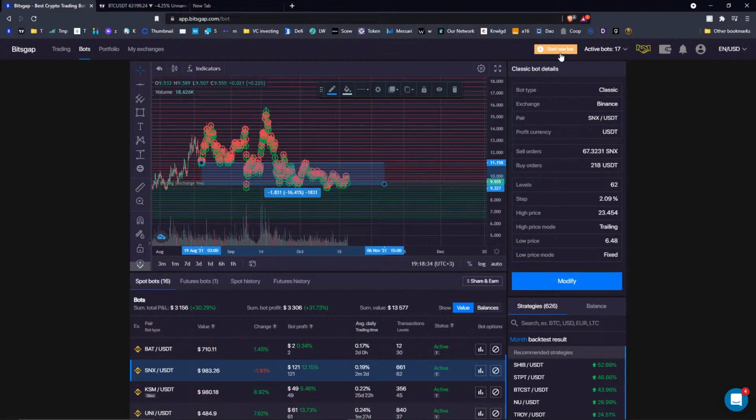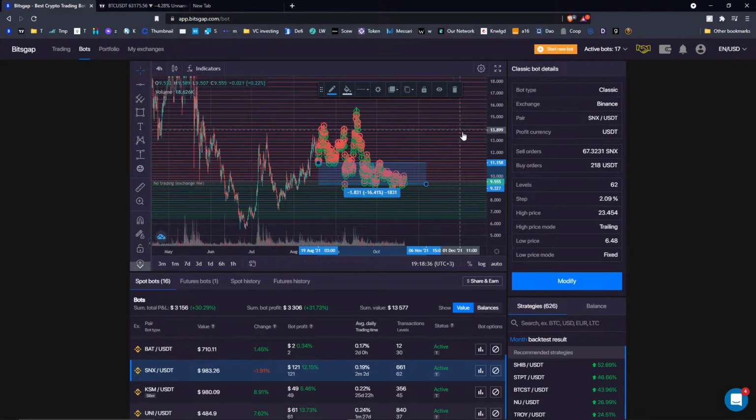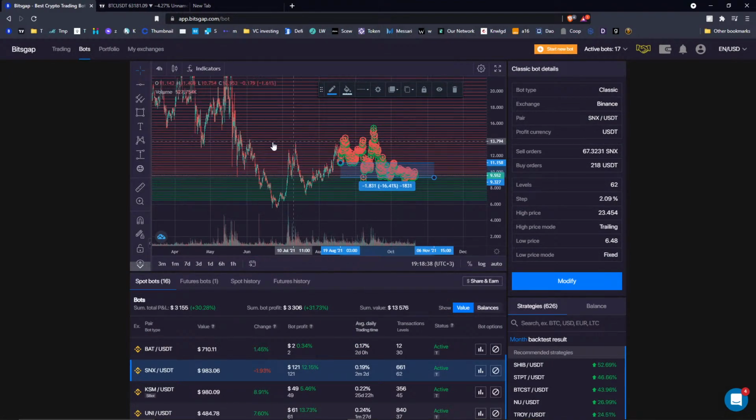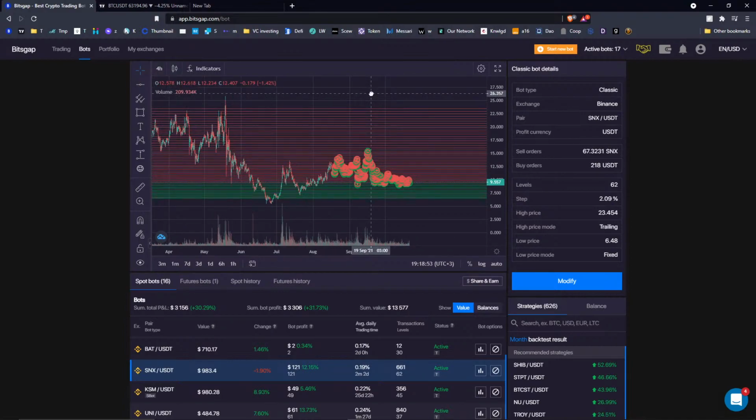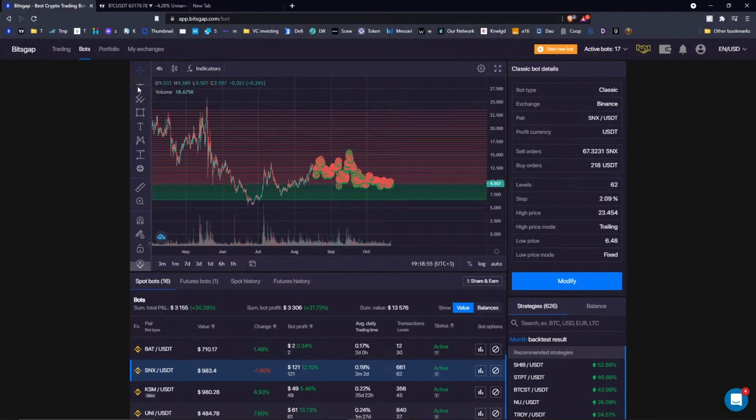Which is still kind of okay, because, well, fundamentally I do believe in SNX. It's a pretty decent synthetics protocol. They kind of pioneered the synthetics market, and also they have a pretty impressive DAO infrastructure.